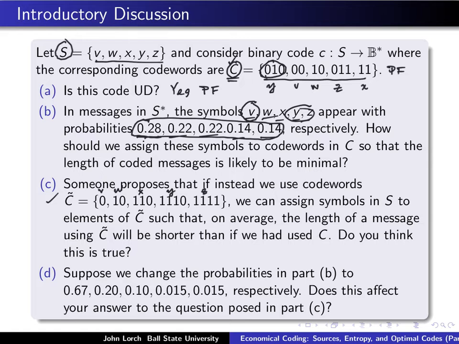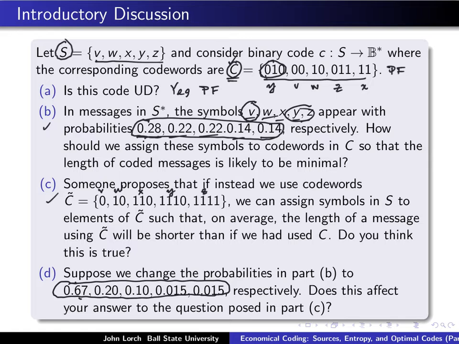All right, now the computations that you did in parts B and C might be affected by the probabilities with which the letters in S occur. So let's suppose we changed our list of probabilities to something like this, right?